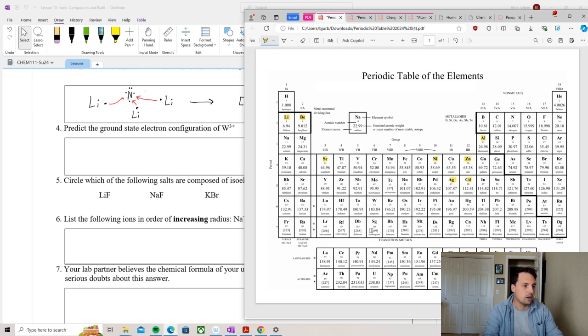So in this one, we're going to need to make use of the 4f subblock because it's going to fit in right here. We'll start with the short form configuration. That would start with xenon as the noble gas core. That accounts for 54 of the 74 electrons. So we have 20 electrons left over.